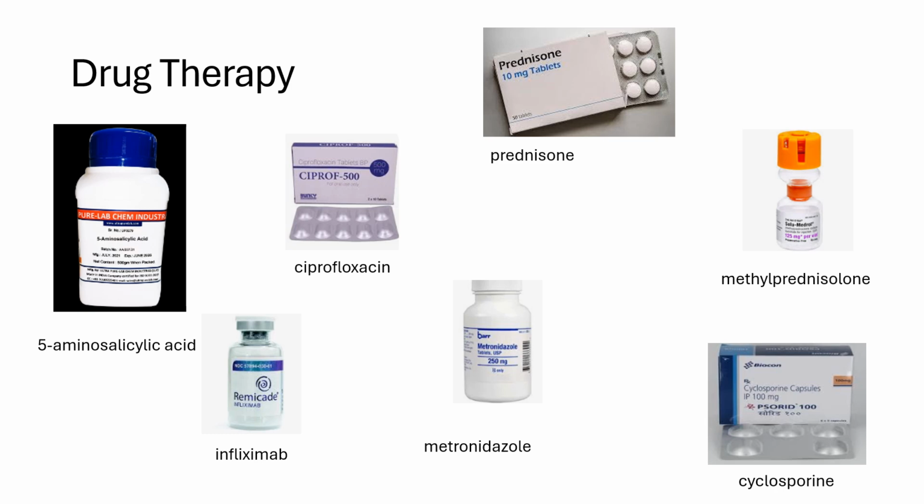This medication could be in both oral and rectal form. With ulcerative colitis, it's recommended to combine the oral and rectal forms, both of them together, when we want to give the medication to the patient.